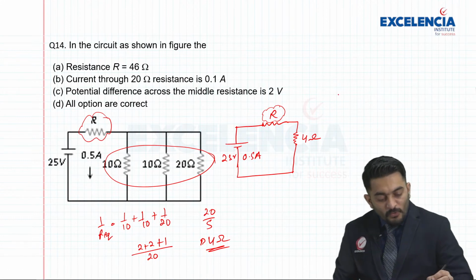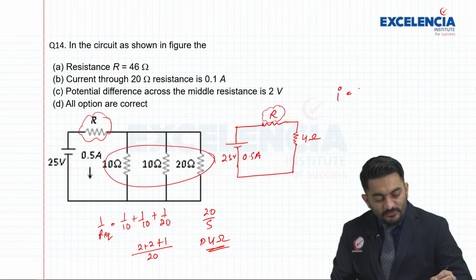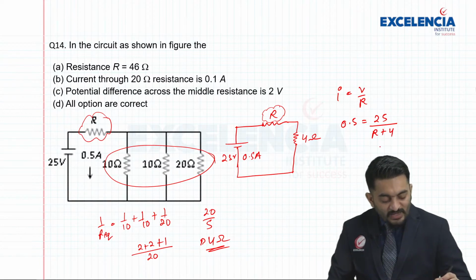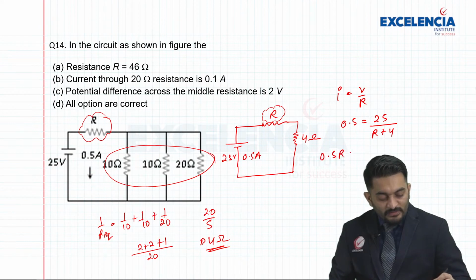I hope you people know that I is equal to V over R. The I value is 0.5, the voltage value is 25, and these two things are in series, so I can say R plus 4. Our aim is to calculate the value of R, so take it to the other side. 0.5 R plus 0.5 multiplied by 2 multiplied by 4, so 20, equals 25.